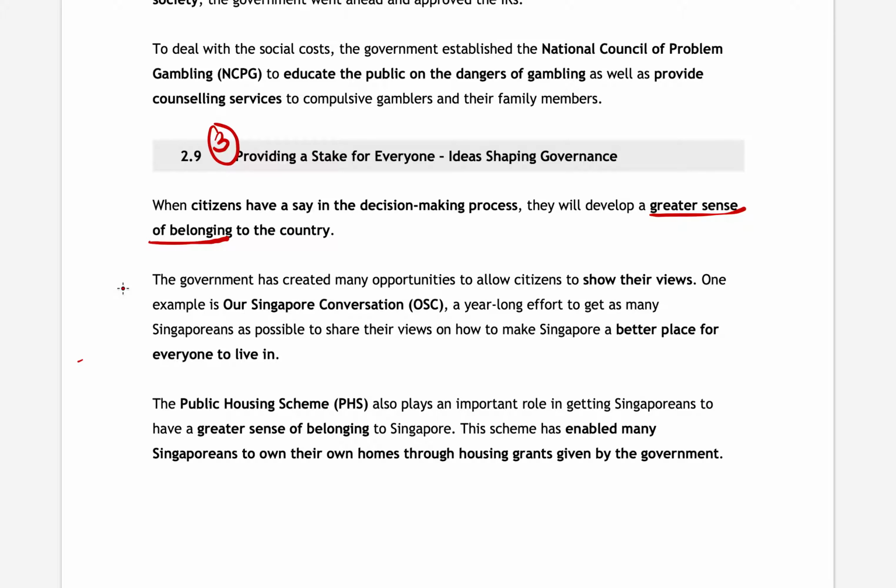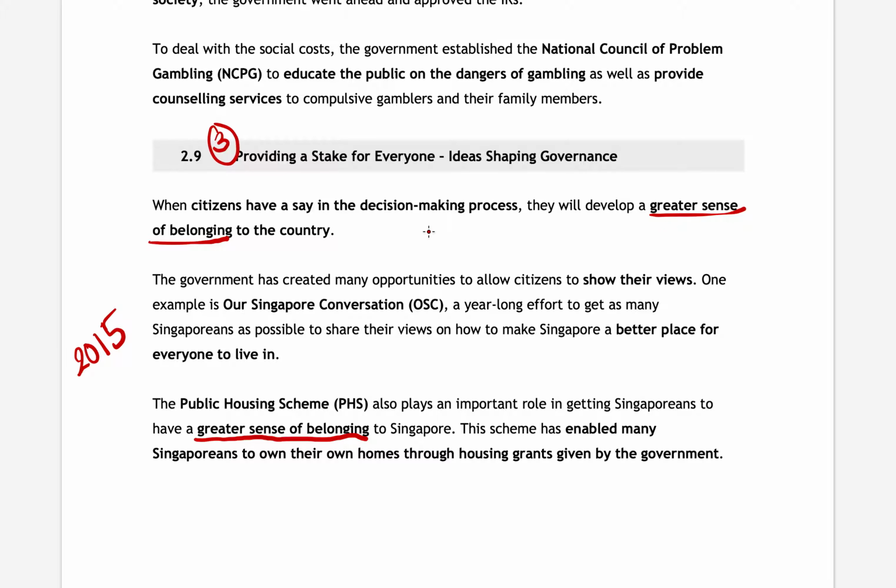This sense of belonging, actually a lot of people don't realize how important home ownership is when it comes to national identity. But this is something that the government realized, and that's why it's put under providing a stake for everyone.